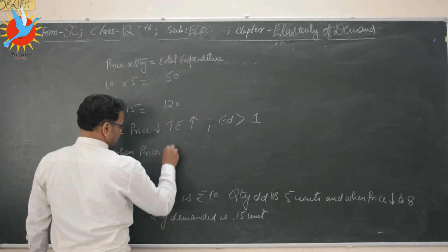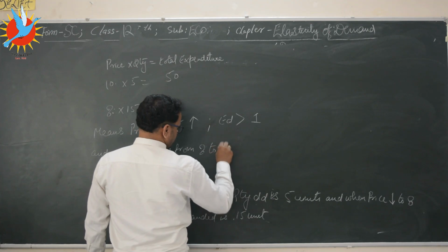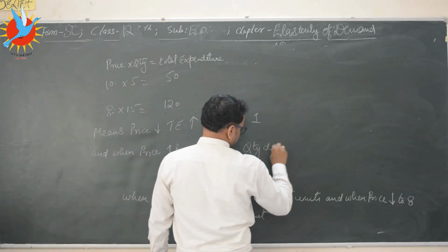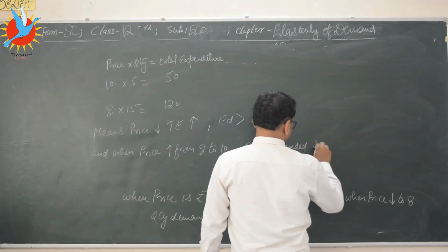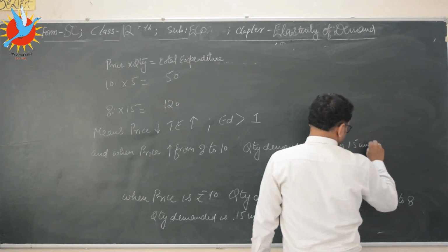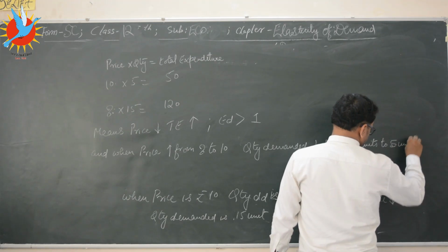When price increases from 8 to 10, quantity demanded decreases from 15 units to 5 units.